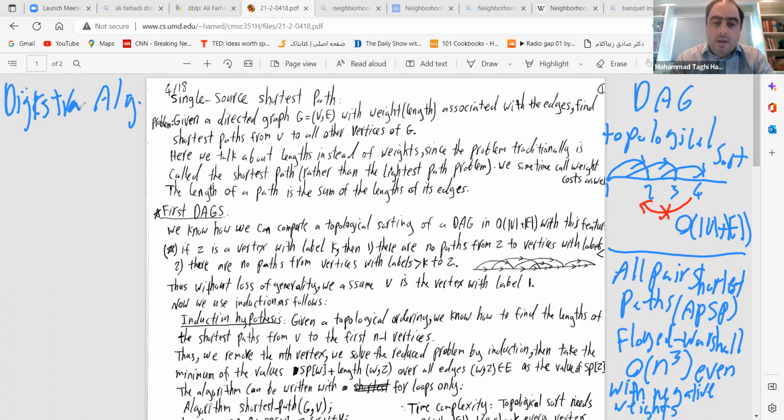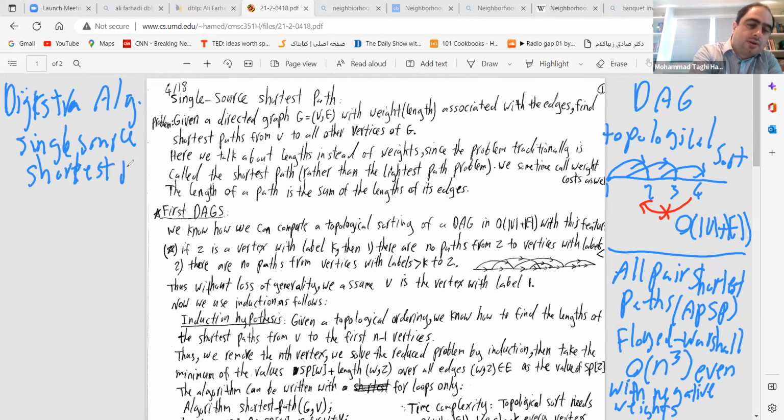So the Dijkstra algorithm is the one for single source shortest path. And again, as I mentioned, single source shortest path is the case where you want to find the shortest path from one vertex to everyone else.